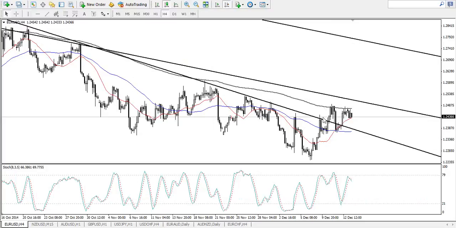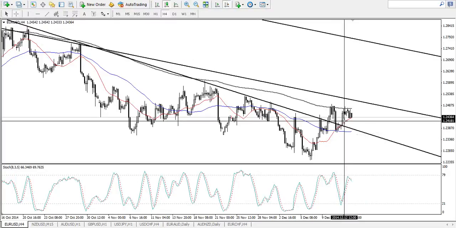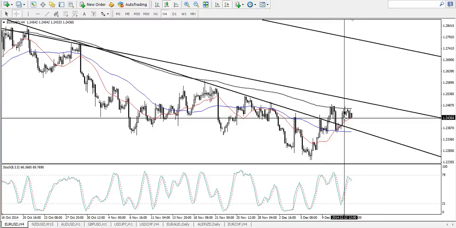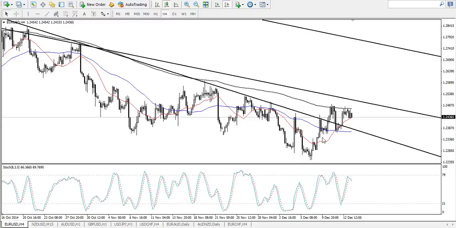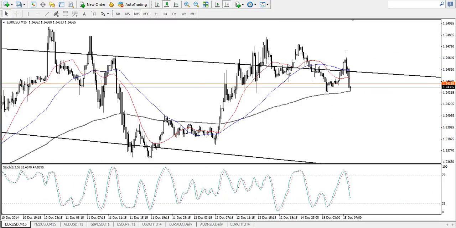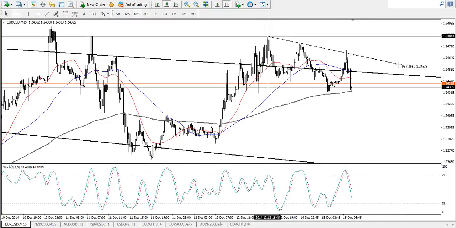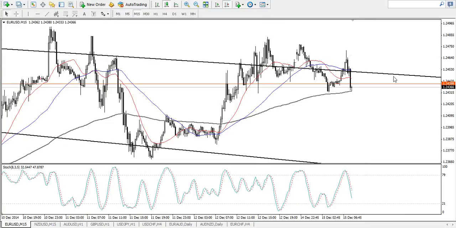averages. And right now, although price has broken above the falling trend line, it's still trading below the bottom of the falling trend channel. Therefore, it is pretty much still in the bearish zone. If we zoom into 15-minute charts, we do see that price is making lower highs.